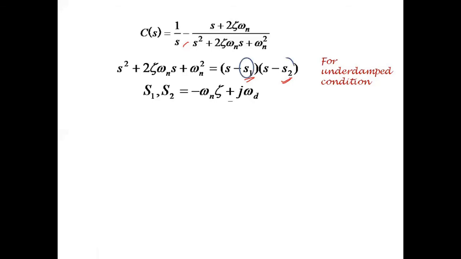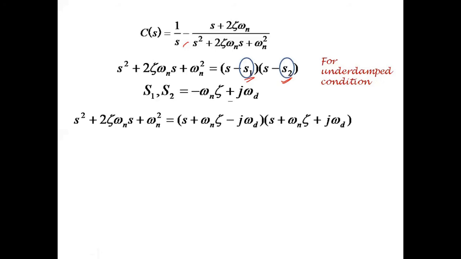So after substituting for s1 and s2, the expression is given by (s plus omega n zeta minus j omega d) multiplied by (s plus omega n zeta plus j omega d). Now this expression is of the form (a minus b) into (a plus b).